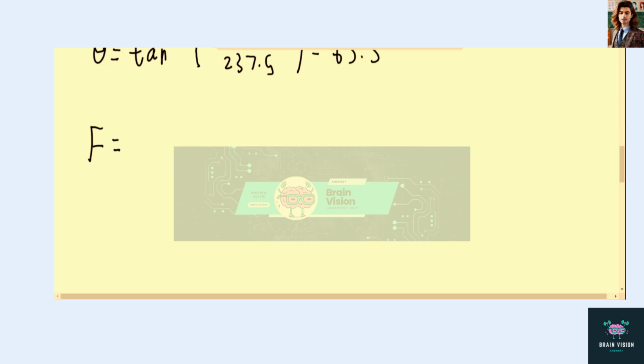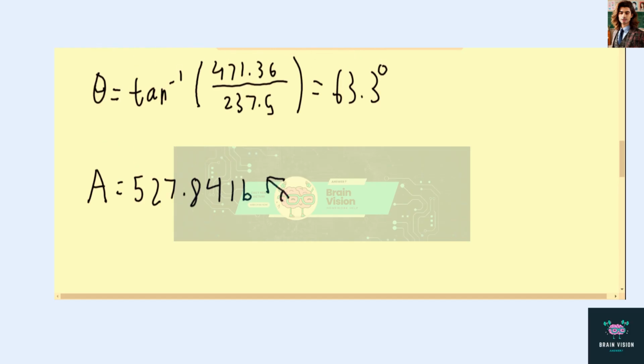So the force A, I'll call it A, the force at the point A is going to be equal to 527.84 pounds, and it's going to be going in the upwards direction at an angle of 63.3 degrees.